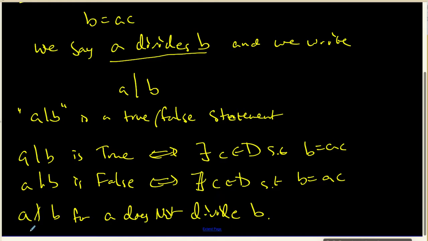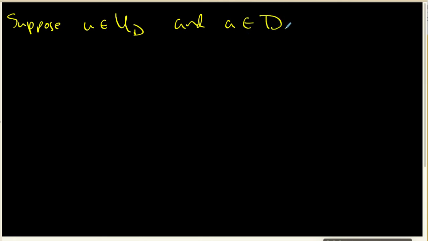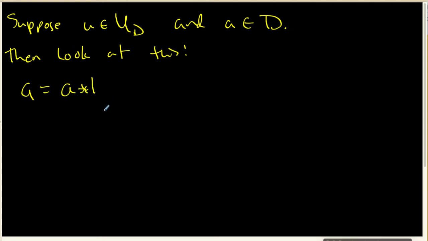Well, I want to look at a couple of consequences about this definition. So let's first of all look at this. Suppose we actually take a unit U inside our domain, and I am going to let A be any other element of the domain. Then we can write the following. A is certainly going to be equal to A times 1.